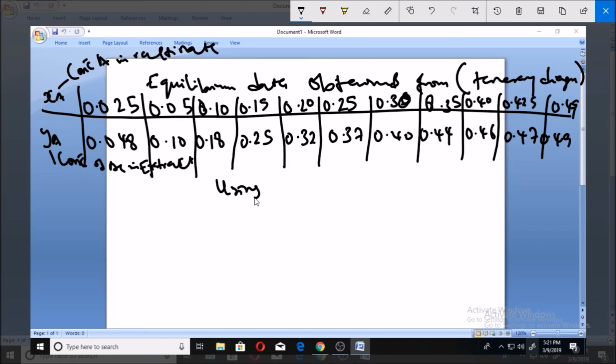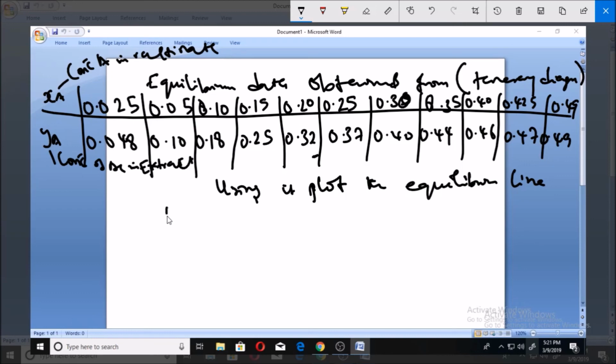So we'll now use it to plot the equilibrium line. We use the data from the ternary diagram to plot the equilibrium line. You understand? Whereas we use the calculation data to plot the operating line.